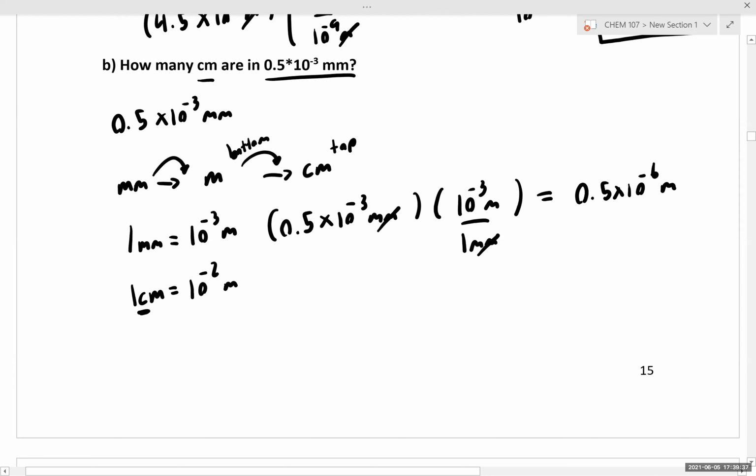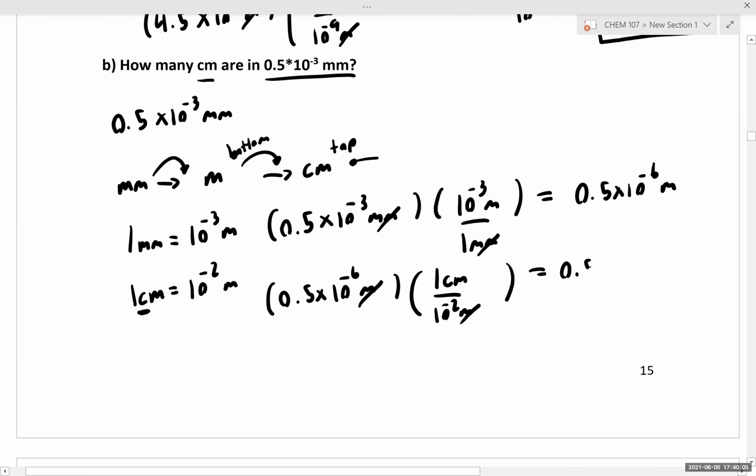Now, because we're going from meter to centimeter, and because we want the units of centimeter on top, we're going to take our base, which is 0.5 times 10 to the negative 6th meter, and we're going to multiply by our conversion factor that places centimeters on top. So we're going to put 1 centimeter on top and this 10 to the negative 2nd meter on the bottom.